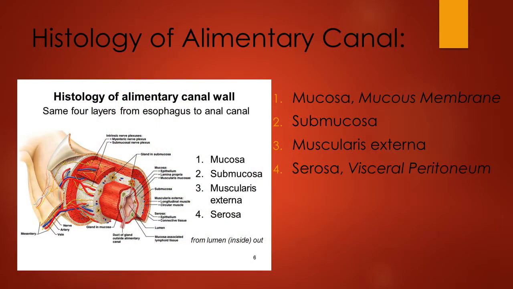Histology of the alimentary canal. The mucosa is the first layer, also known as the mucous membrane, which contains different structures. The mucosal epithelium is made up of simple columnar epithelium with goblet cells, which make mucus and secrete hormones and enzymes.